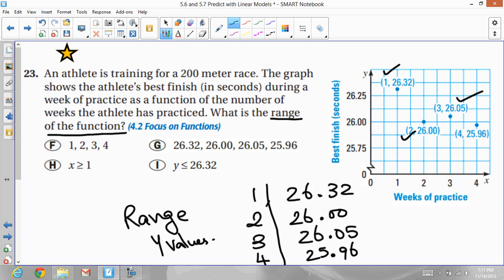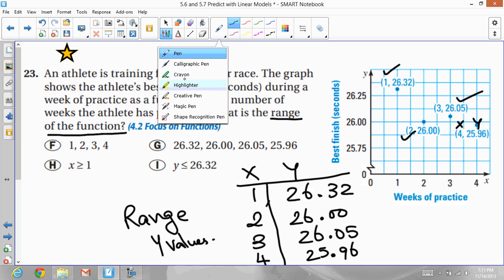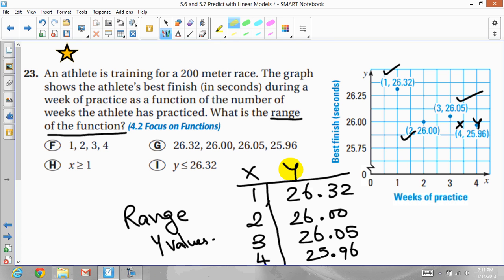If I put a line in the middle and make it look like a table, this is my x value, this is my y value. The first one is my x, the second one is my y. And remember, the range is all the y values, so obviously it is going to be this, this, this, and this. So I'm looking at the answer choices, which in this case are 26.32, 26.00, 26.05, 25.96, and the answer in this case is G.